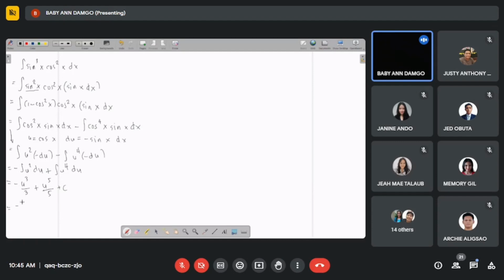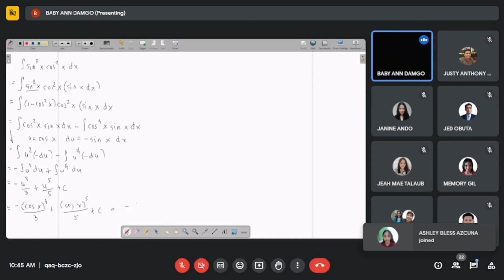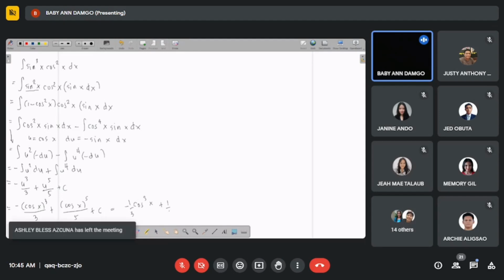So we have negative cosine x cubed over 3 plus cosine x to the fifth over 5 plus c, or we can write this as negative one-third cosine cubed x plus one-fifth cosine to the fifth x plus c. And this is the final answer.